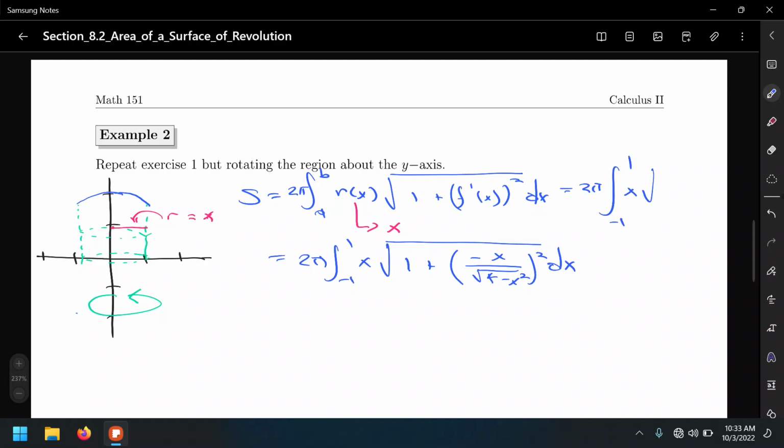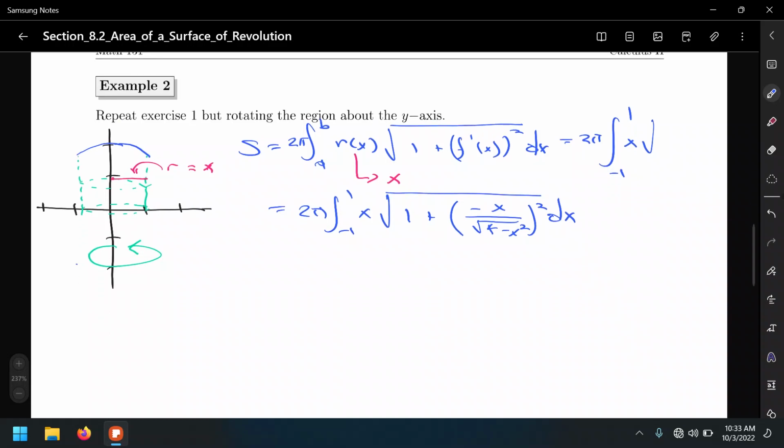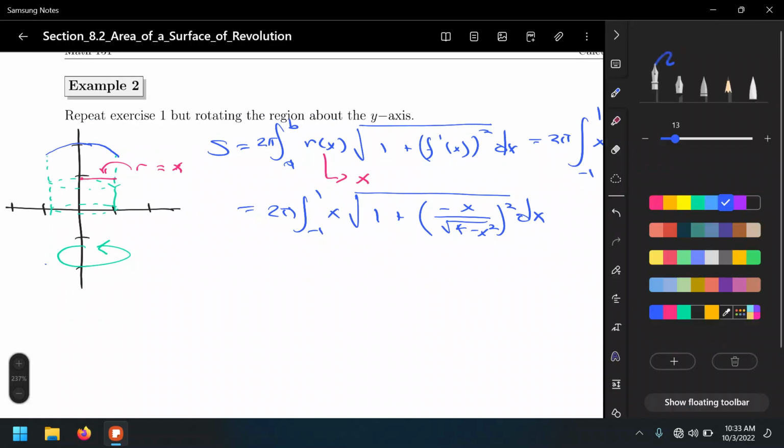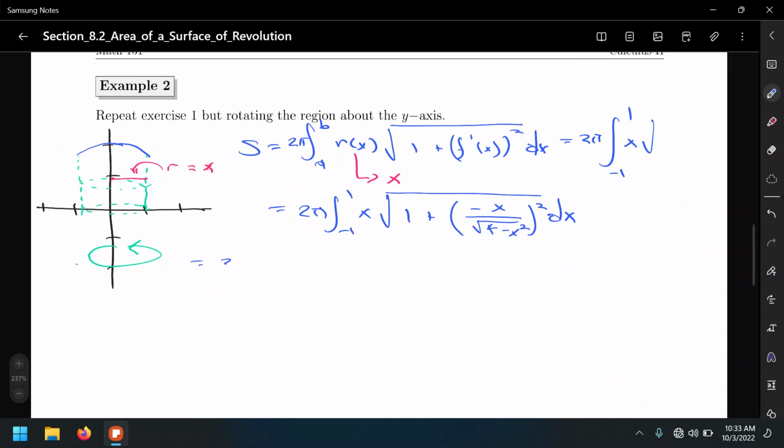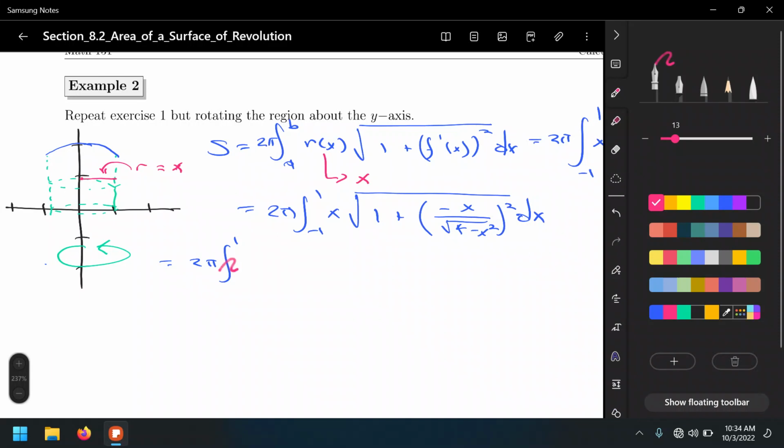All right? Well, in this case we will have to do a little more algebra than we did before. So this will be 2 pi integral from -1 to 1. Or you know what, how about I write this integral from 0 to 1. We can take advantage of the symmetry from 0 to 1 as long as we multiply by 2.